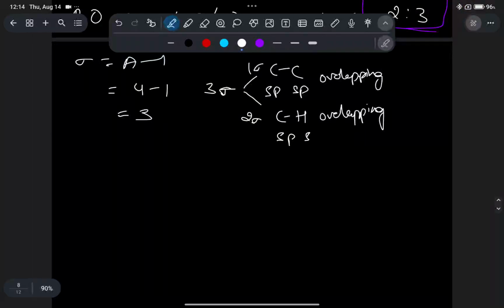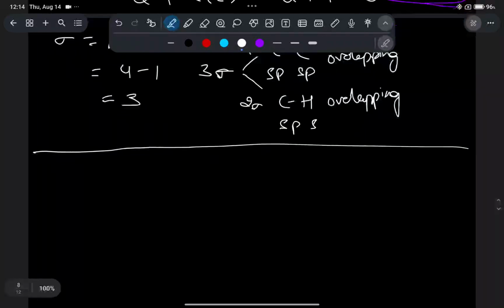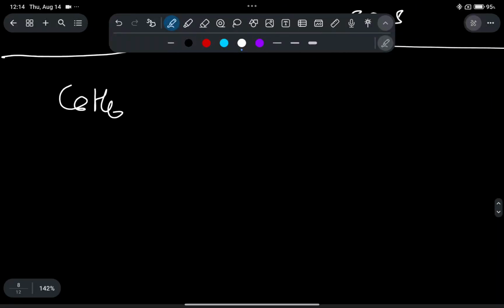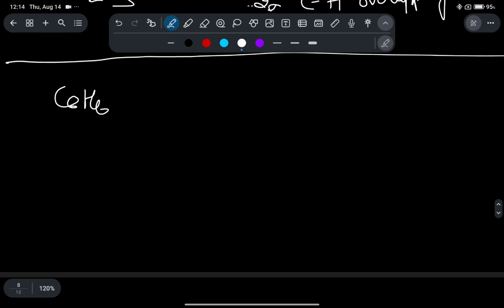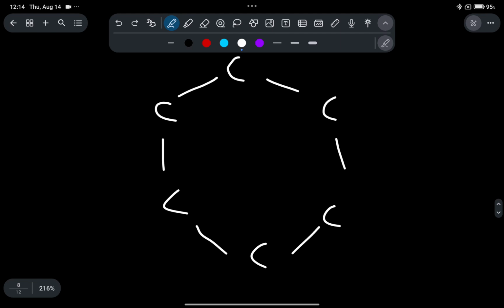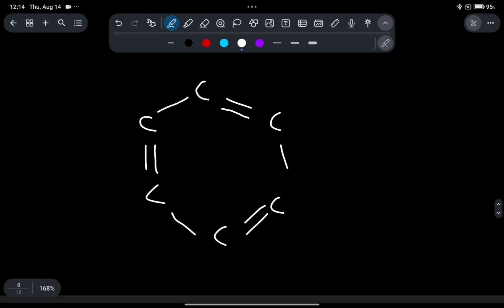Let's see whether this works with benzene, which is cyclic. C6H6 is benzene. The structure is C bond C bond C, with double bonds between alternate pairs of carbon atoms, and the hydrogens are connected like this.